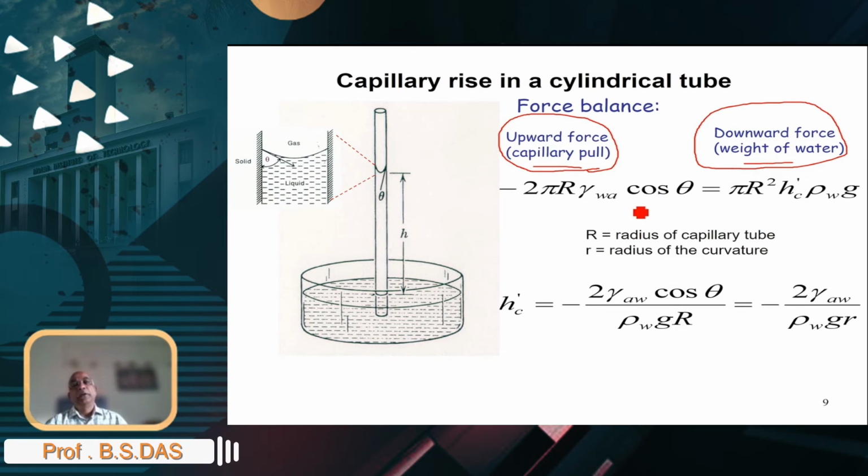again this surface tension force acts on the 2 pi r perimeter of the water meniscus, so if you multiply that with the surface tension, you have this total force because of the capillarity, and here you have the weight of the water because of this gravitational downward pull.